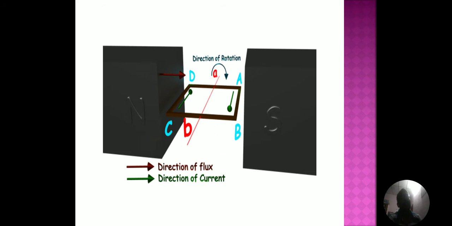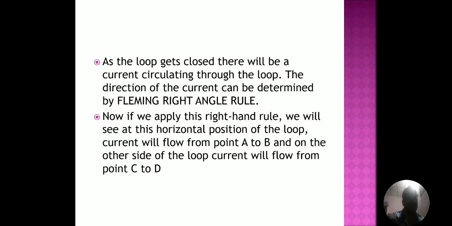Here the rectangular frame has moved from vertical position to the horizontal position. A current is induced in AB and in CD. The direction of the current can be determined by Fleming's right hand rule.